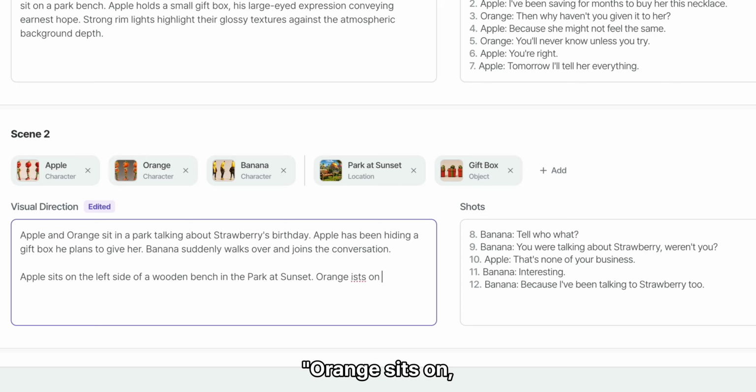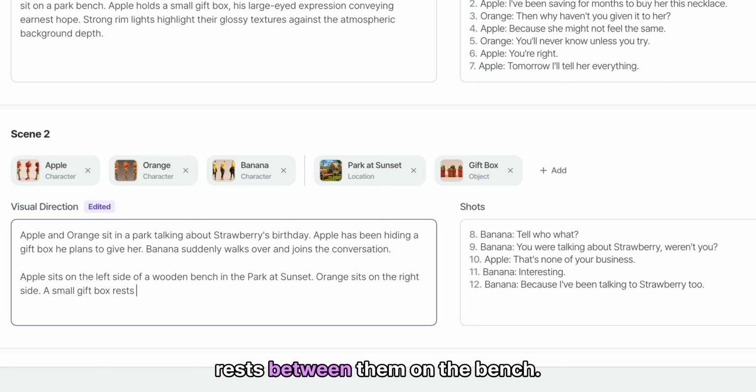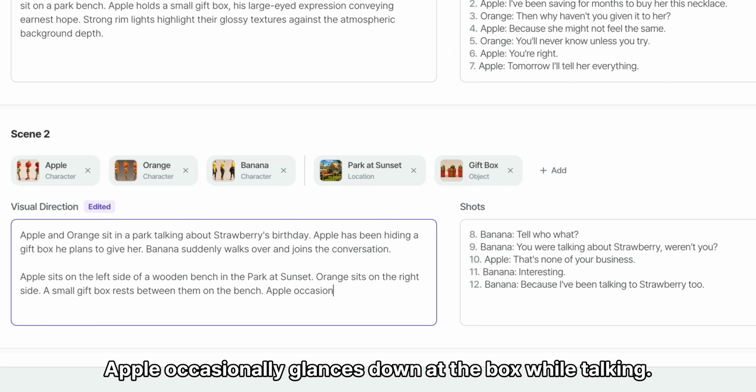Orange sits on the right side. A small gift box rests between them on the bench. Apple occasionally glances down at the box while talking.